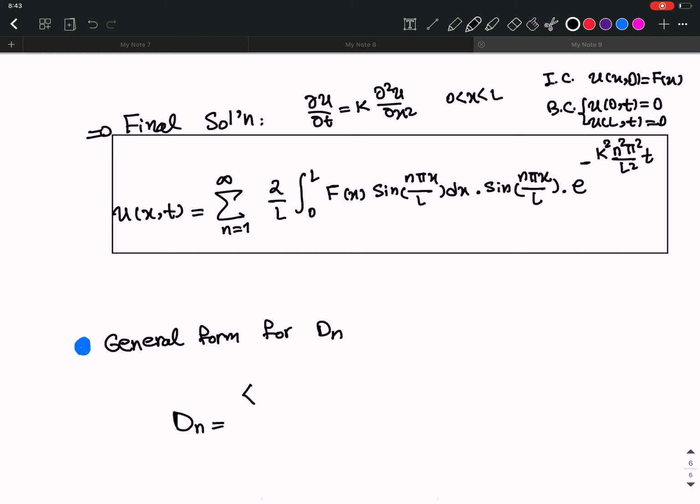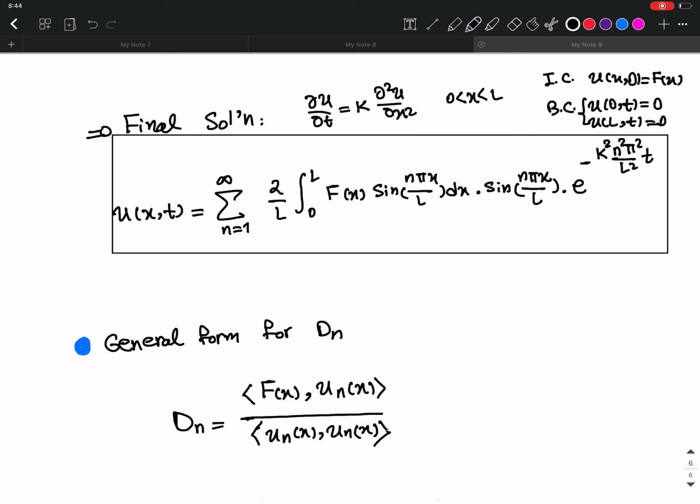So you take the inner product of f, the initial condition f(x), and u_n(x), and then divide this by the inner product of u_n(x) with itself, the function with itself, okay?